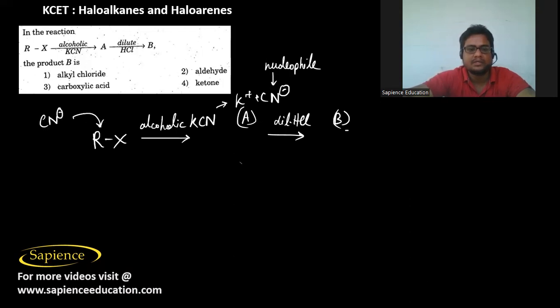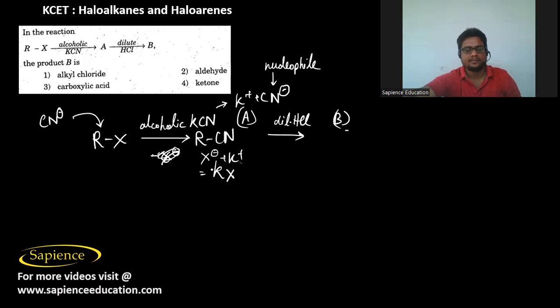This CN minus ion will attack here, and then the X minus ion will be removed, which will combine with the K plus ion to form potassium halide, and it will form RCN, which is the compound A. It means that it will form alkyl cyanide, or I can say alkane nitrile, which will again react with dilute HCl.